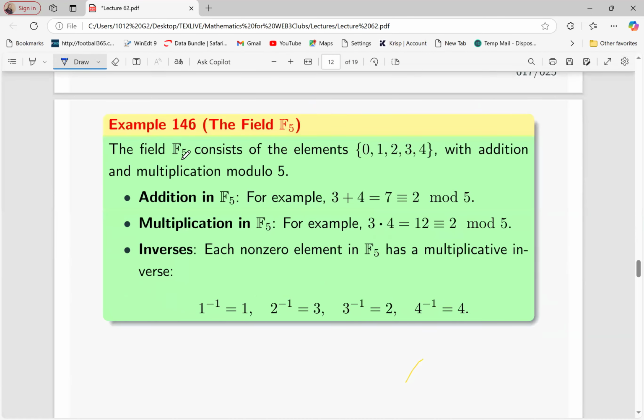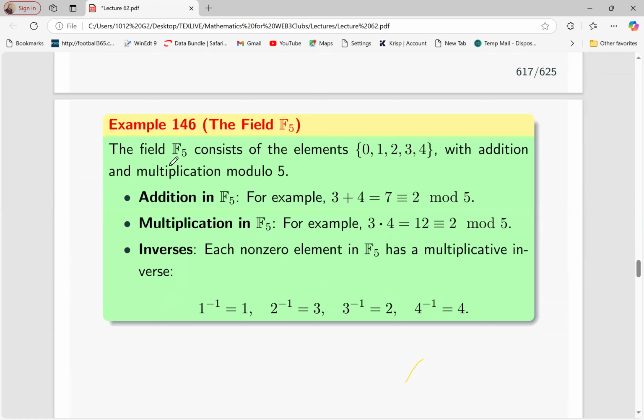Now look at this question. The field consists of these elements with addition and multiplication. Oh, okay. So in fact, I wanted to ask whether it's a field. And of course, I've already said it's a field. I just wanted to ask, is it a field, so that you now show me that it's a field.